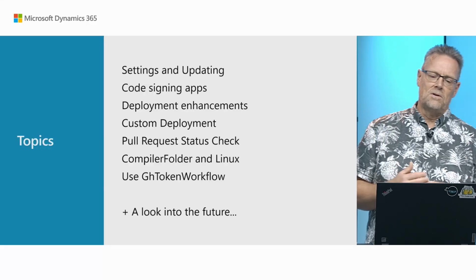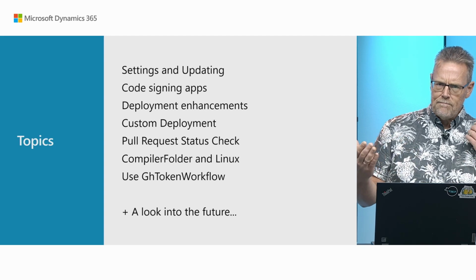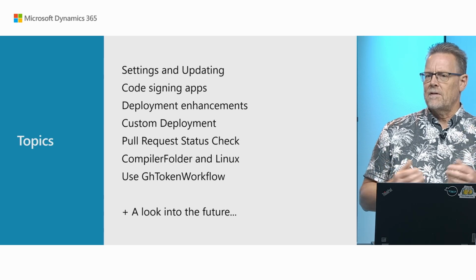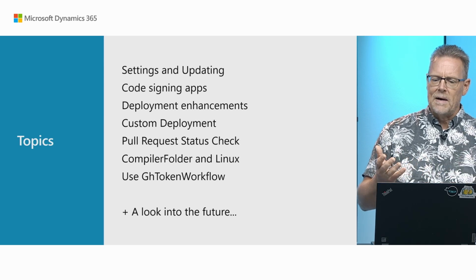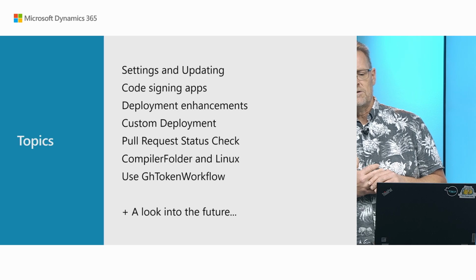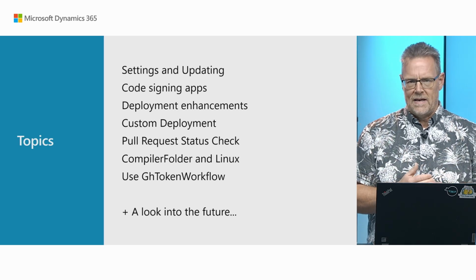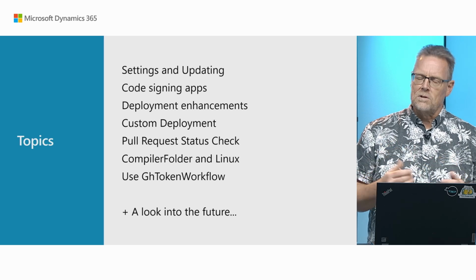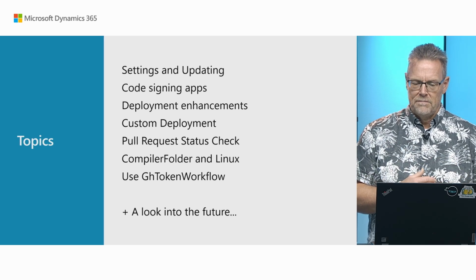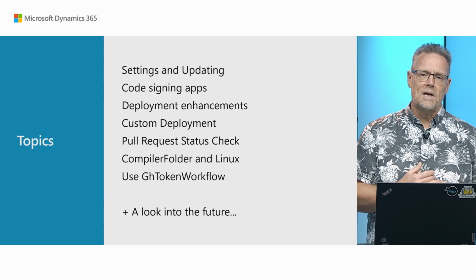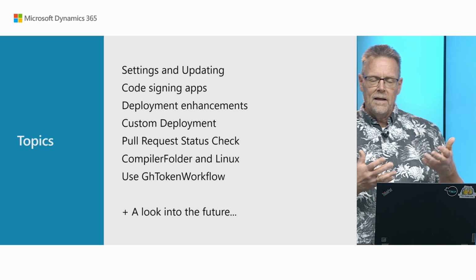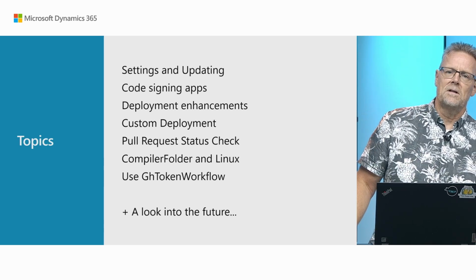So the topics for today: I'll talk about settings and updating. It's a question I've gotten a lot from partners, like where are my settings and how do I upgrade to the latest version. So I'm going to cover that, even though nothing really changed in that. Code signing of apps, a lot of things changed in the code signing segment. Not really in ALGO because it's just automated, but the way you set it up is slightly changed.